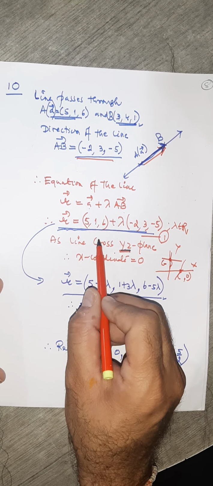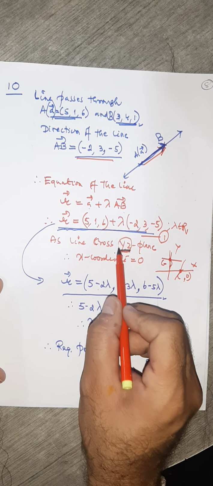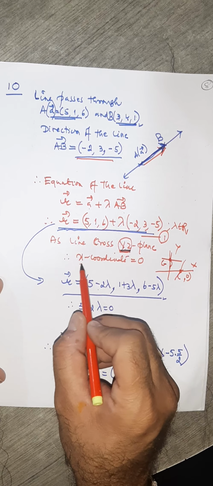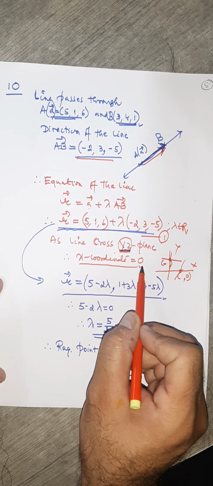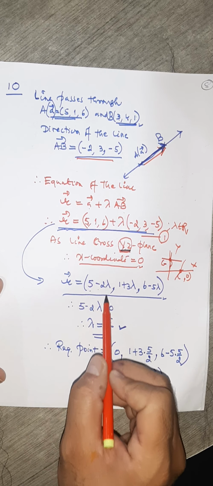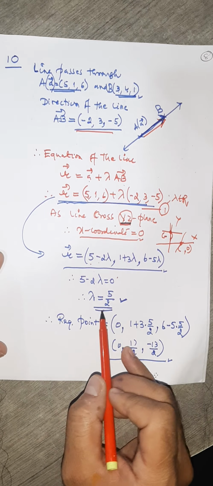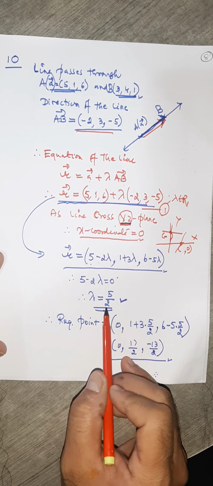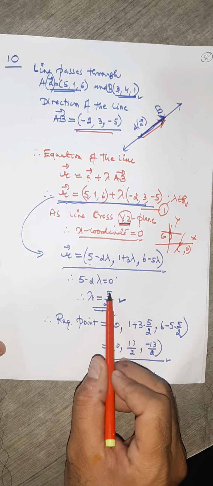Now the line crosses the YZ plane. Which variable is absent here? X. So the X coordinate must be 0. So I got the X coordinate from this, which is 5 minus 2 lambda. It has to be 0, so I got the lambda. So now the scalar is fixed, which is how much? 5 by 2.